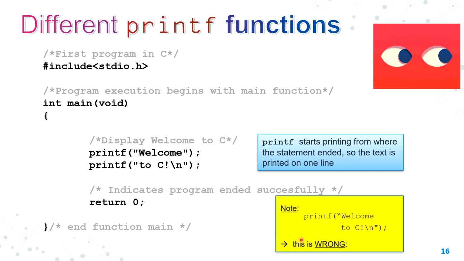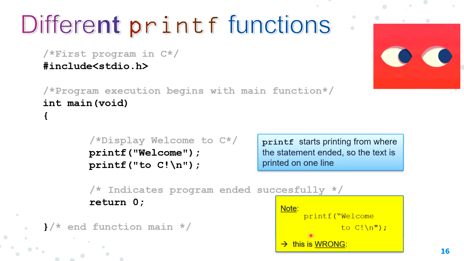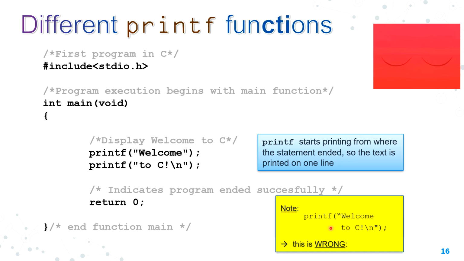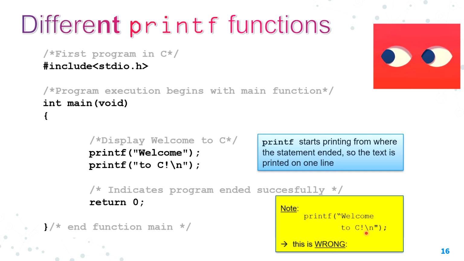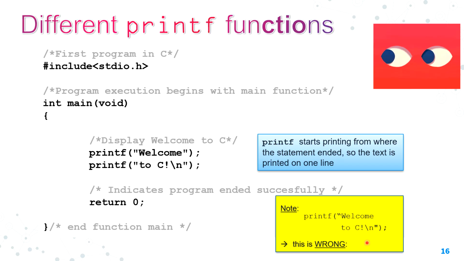So let's say you have a different kind of arrangement. In this case, the first line is the printf Welcome, and you put the C escape sequence in the next line.